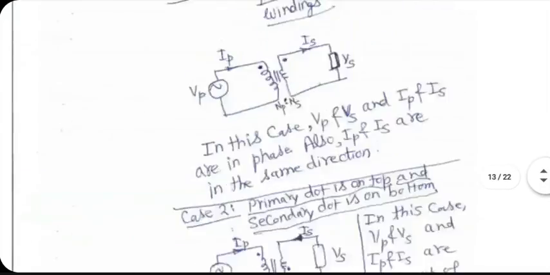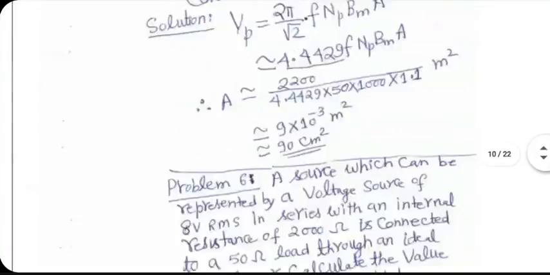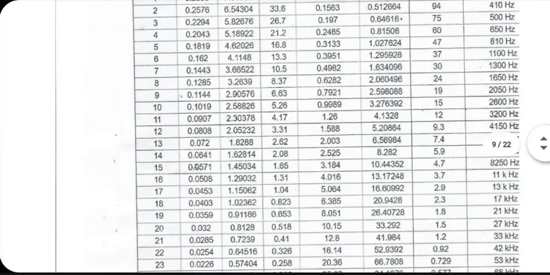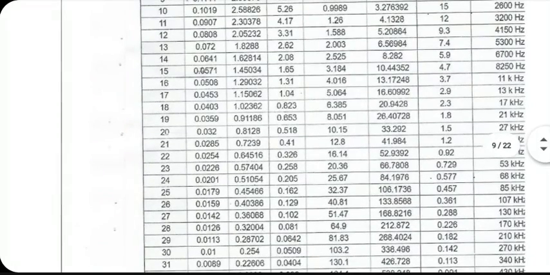Now, RP and RS can be easily calculated. Suppose I had chosen wire number 30 for one of the windings. I would know how many turns I'm using, and based on that, the diameter of the coil is also known to you. Based on that, you will know how long the total wire would be.